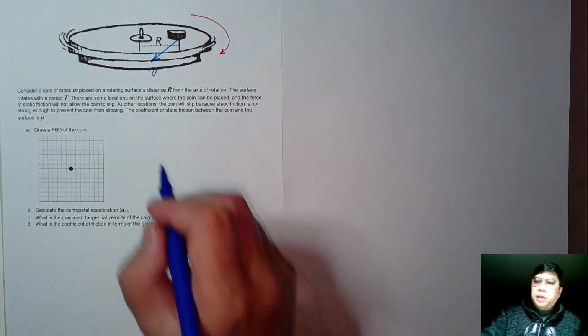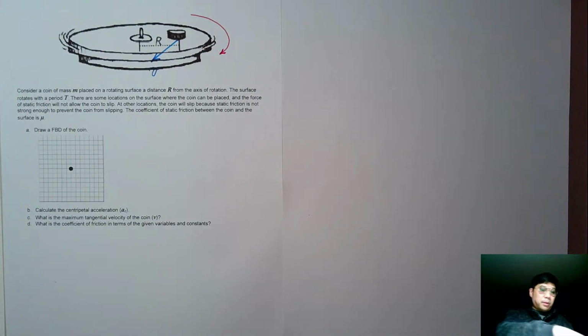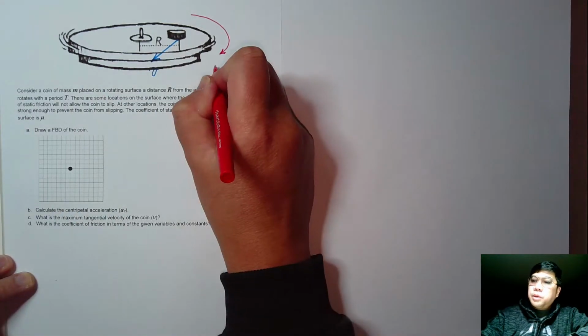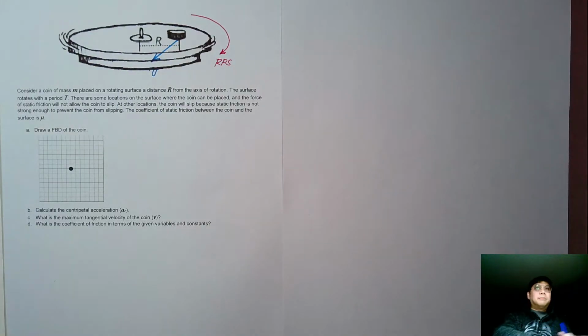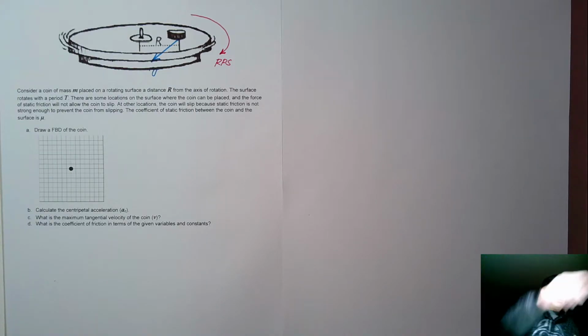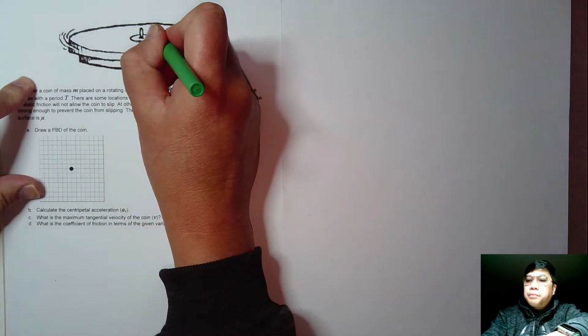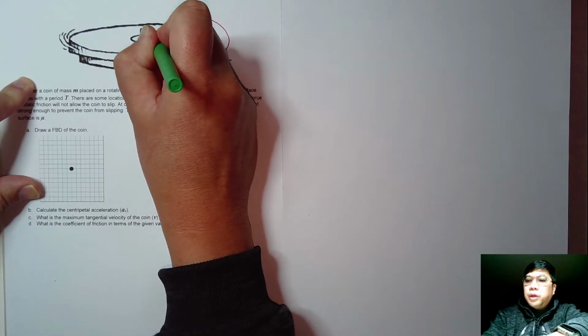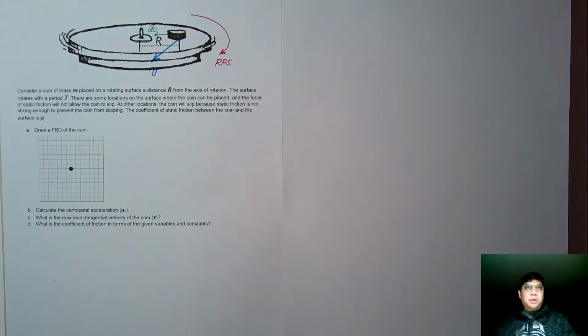While the red one is either rotations per second or revolutions per second, it's the rotational speed. Now, using our green ink, our centripetal acceleration is going towards the center. Center seeking, centripetal acceleration.